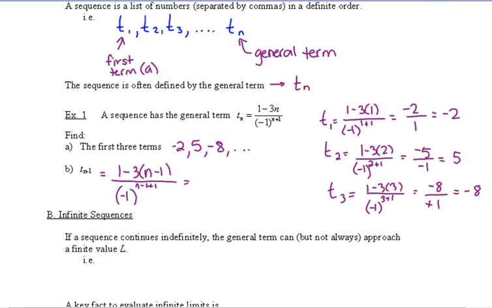So you can simplify this. On the numerator, you're going to bring in the negative 3. On the denominator, the minus 1 plus 1 is going to cancel out. That gives us 4 minus 3n all over negative 1 to the n.